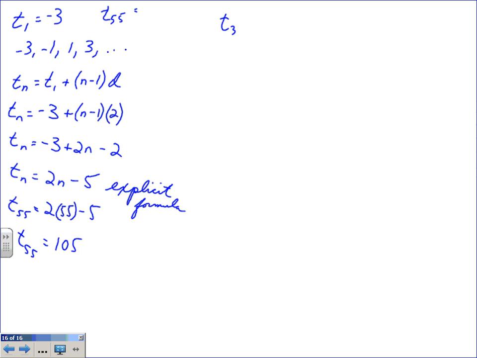Let's say that the third term of a sequence is negative 5. The sixth term is 16.